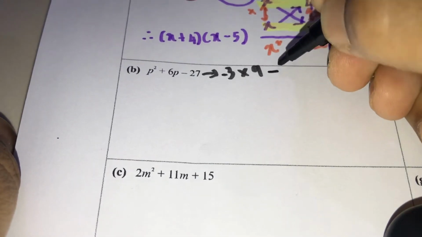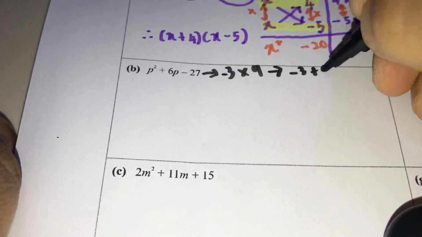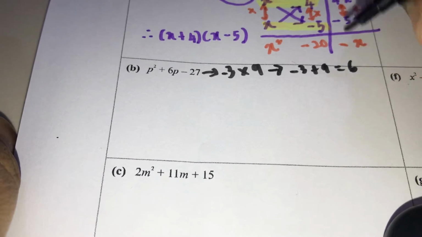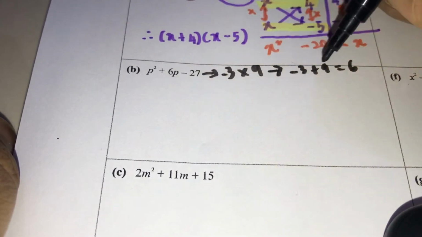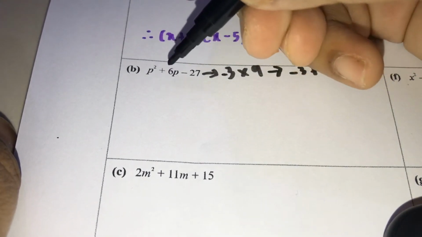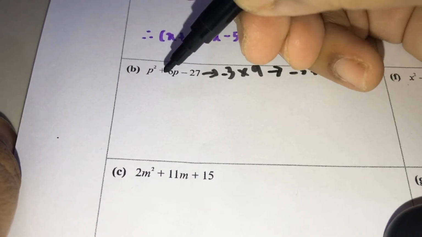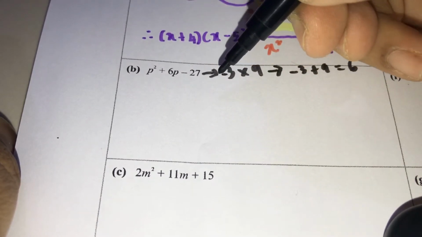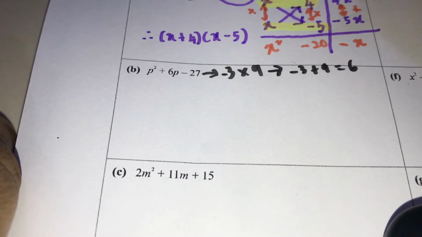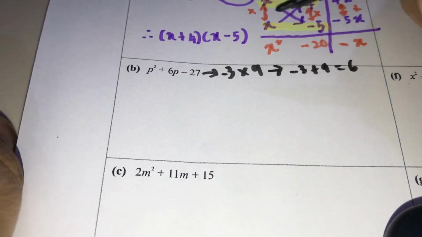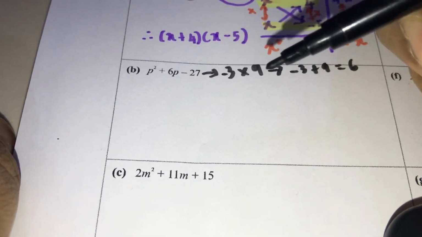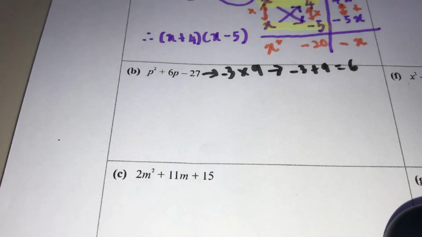Because negative 3 plus 9, you get 6. This one 6, here also 6, positive. So you must make sure this one is positive value. You cannot put negative 9. Now you know that negative 3 and 9. Now you can draw the cross.